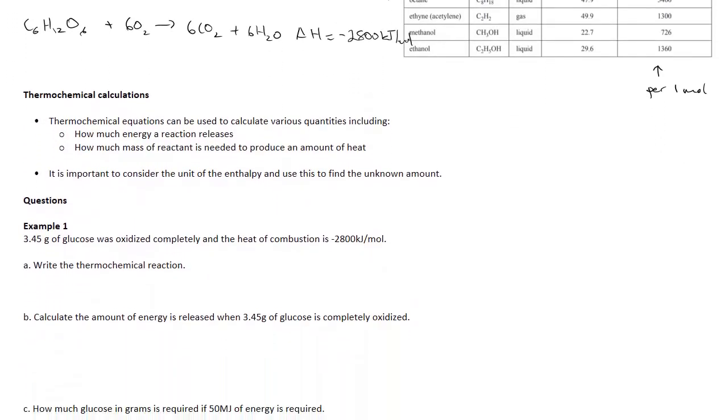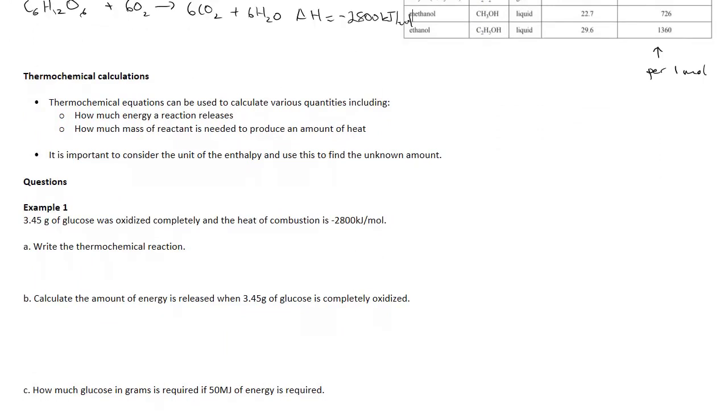I've written up a few examples here, but before we look at the examples, we have to discuss what you're finding in thermochemical calculations. Thermochemical equations can be used to calculate various quantities, including how much energy a reaction releases. Say you have the volume of ethanol given, or you happen to have the mass of glucose.